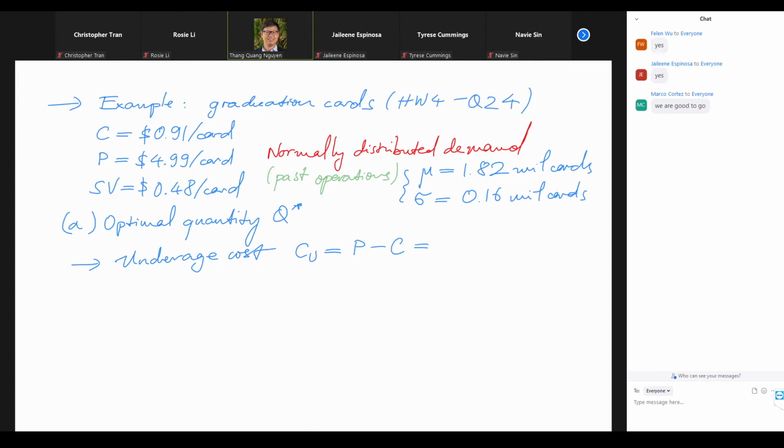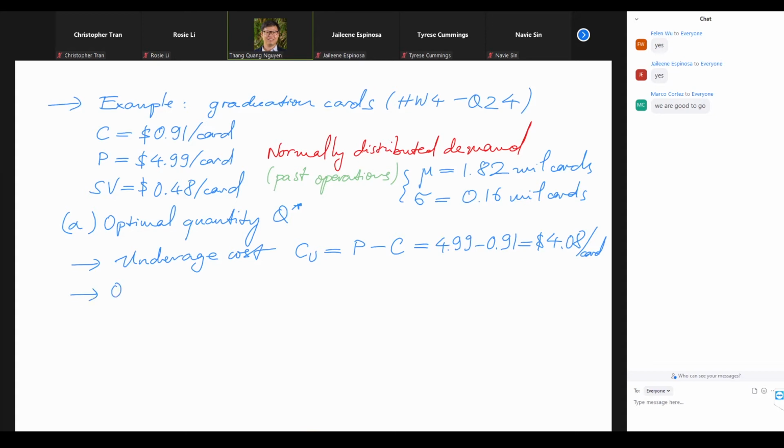So you would take the price of 4.99 minus the cost of 0.91, then we have 4.08 dollars per card. So if we carry one card fewer than the demand, then we lose this much of our potential profit, right?